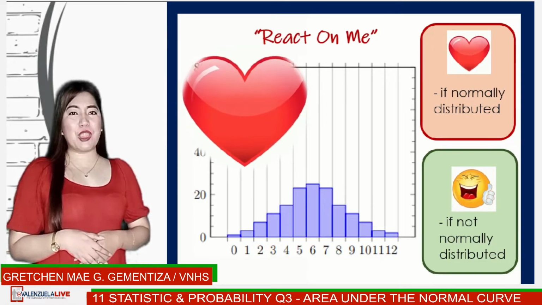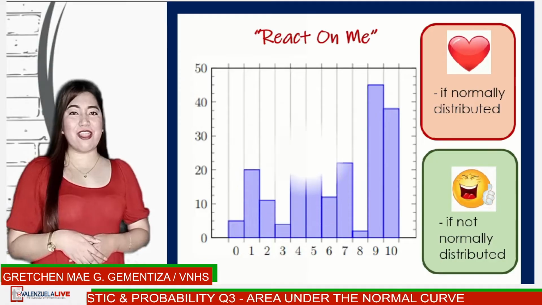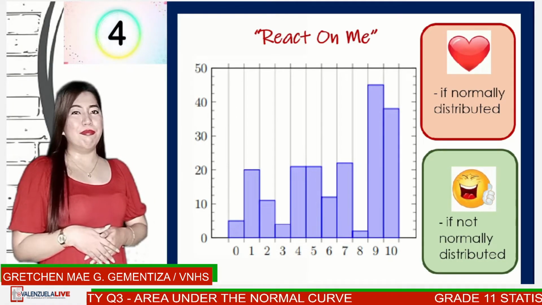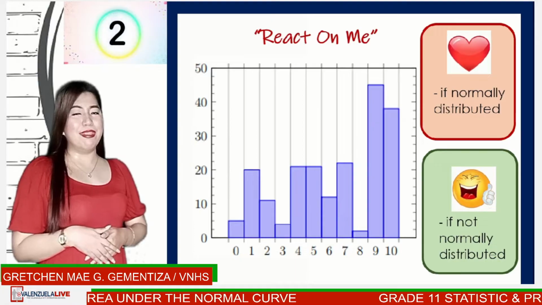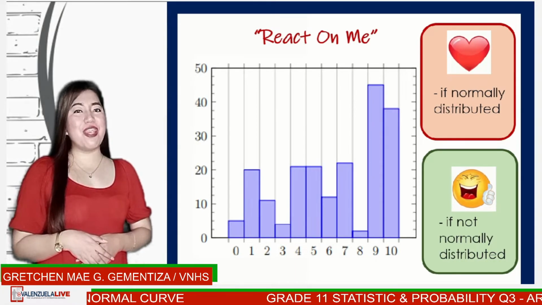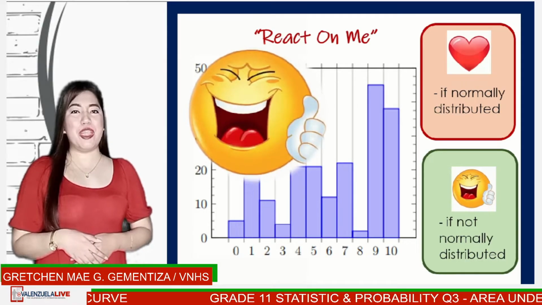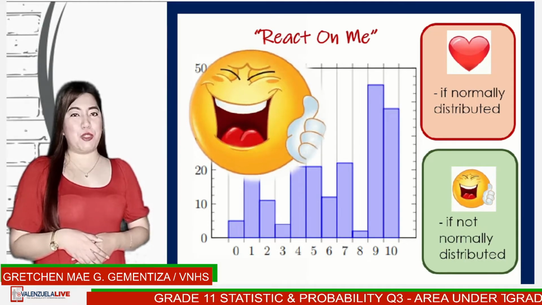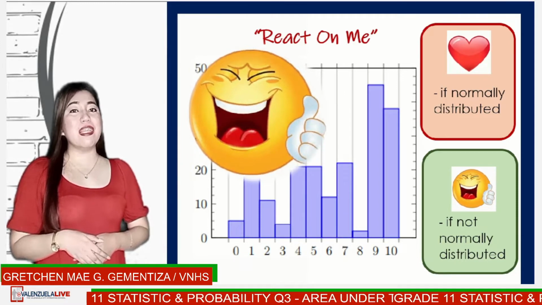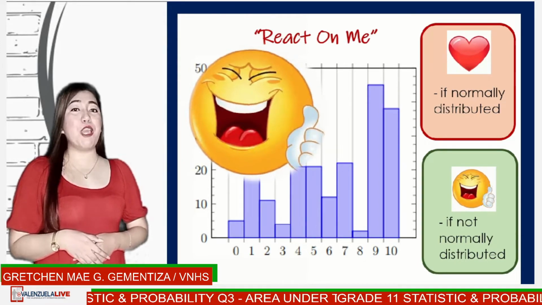Fourth picture. Your 5 seconds starts now. The correct answer is laughing emoji. Fourth picture is not normally distributed since it does not have a bell-shaped curve.